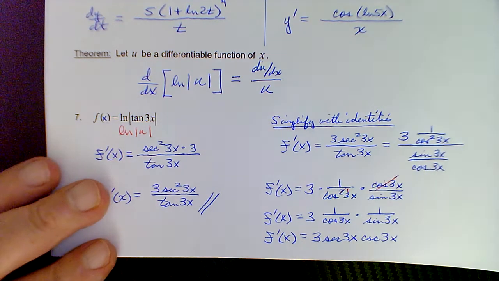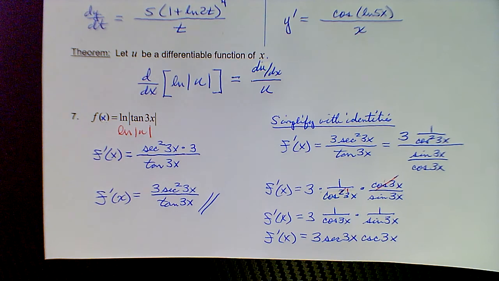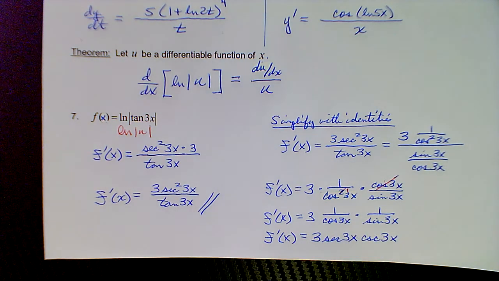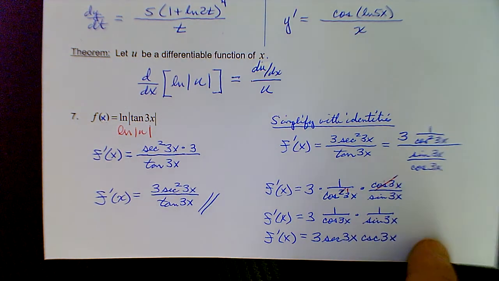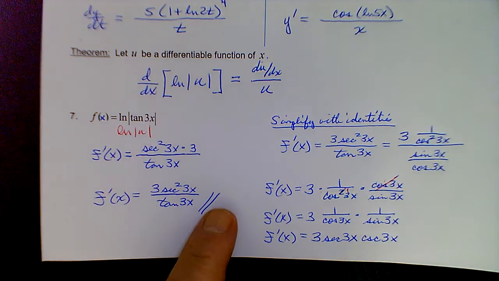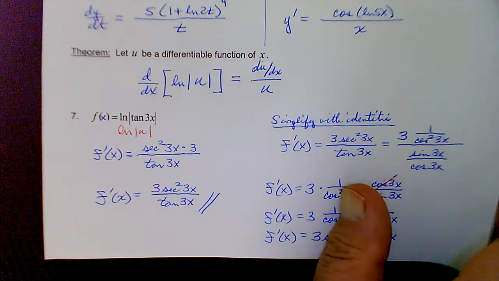So 3 secant 3x, cosecant 3x. So the algebra or trigonometry using the identities is more complicated than the actual calculus. So strive to get the answers in the back of the book, but realize, again, I'm majorly concerned about the calculus, so stopping right here at the double bars will be fine.